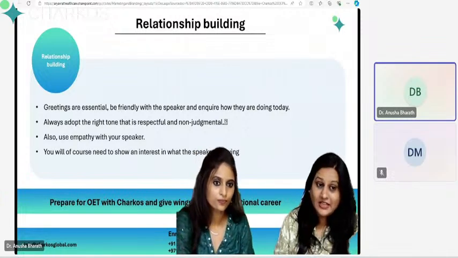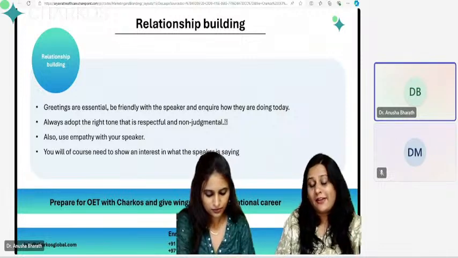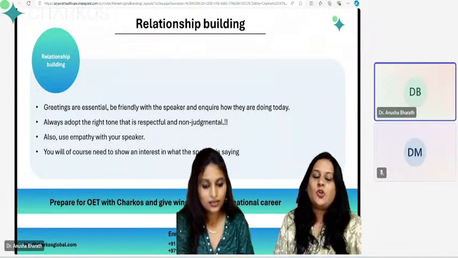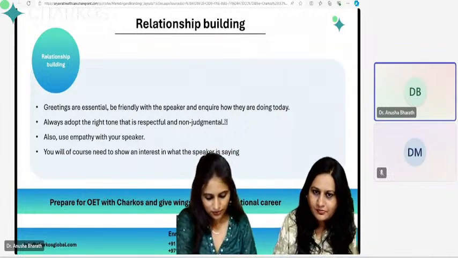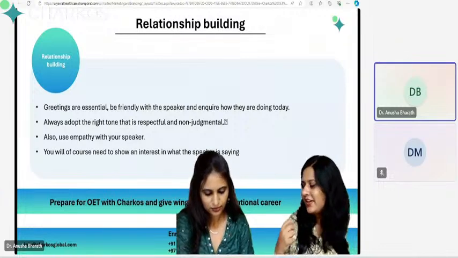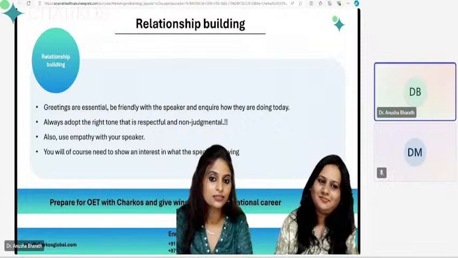They would express their concerns, they would talk about their past history, and that's why you have to be very non-judgmental in your approach. So you have to have the right tone while speaking, and this is where empathy and sympathy come into help.